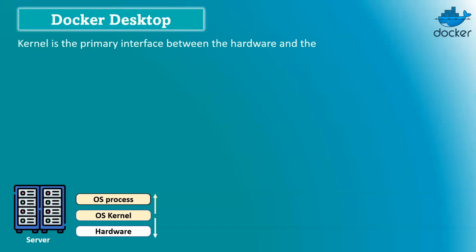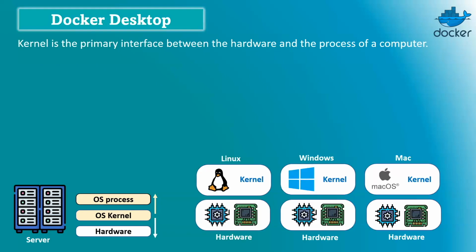It also serves as an interface between the hardware and the processes of that computer. If we compare the system architecture of the three most widely used operating systems, Linux, Windows, and Mac, side by side, on a very high level, it looks like this.